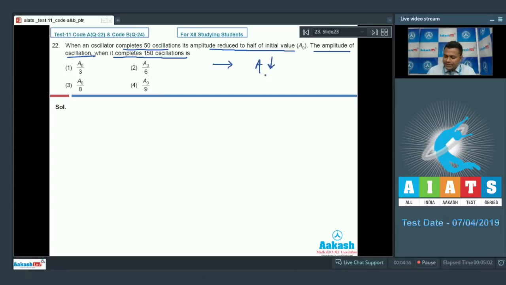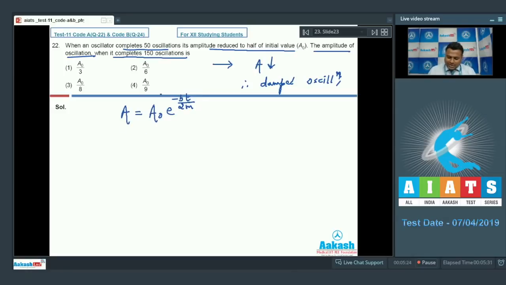Amplitude decreasing, therefore damped oscillation. And we know very well that the amplitude of damped oscillation at any instant of time is given as A naught e to the power minus bt upon twice of m, where t is time and b upon 2m is constant.